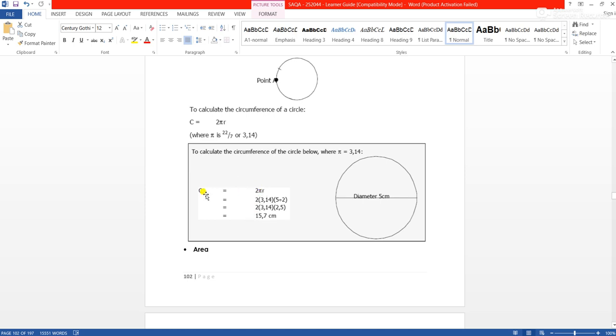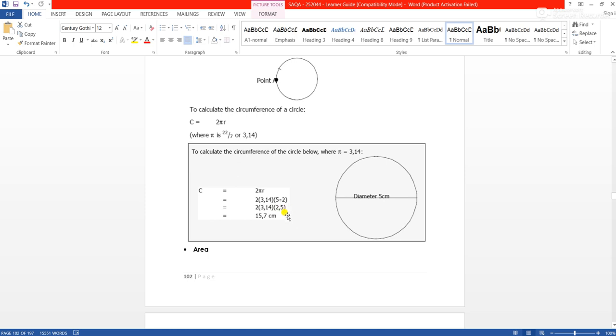In basic form, this is just a formula for circumference: 2 pi r, where r is the radius. Pi is a constant, it doesn't change. You can find that within your calculator.